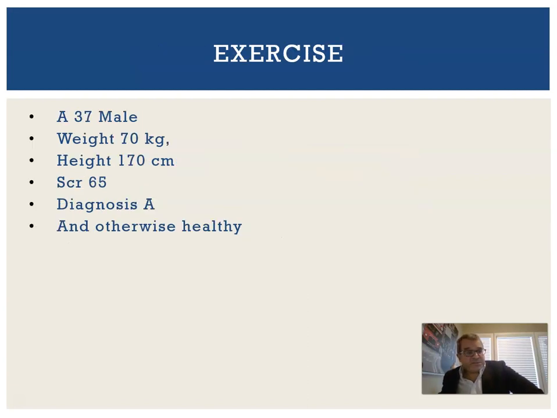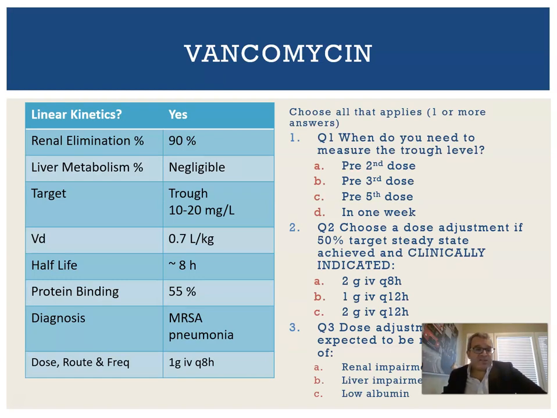Let's have a quick exercise here. You have a 37-year-old male, weight 70 kilos, height 170 centimeters, serum creatinine 65, good kidney function, and has a diagnosis A. And the patient is otherwise healthy. Okay? So let's say you want to start vancomycin. You opened the vancomycin monograph.